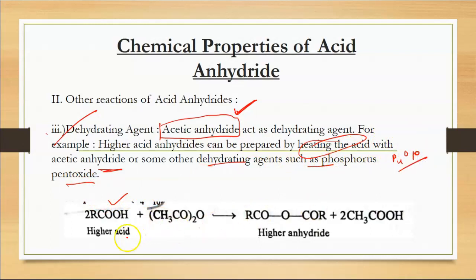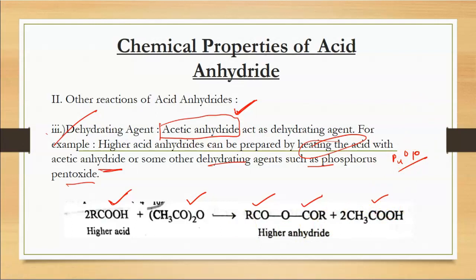Okay, so what you will do, your higher acid anhydride can be prepared by heating the higher acid with acetic anhydride. This will result in this particular higher acid anhydride, and also your side product acetic acid is released.